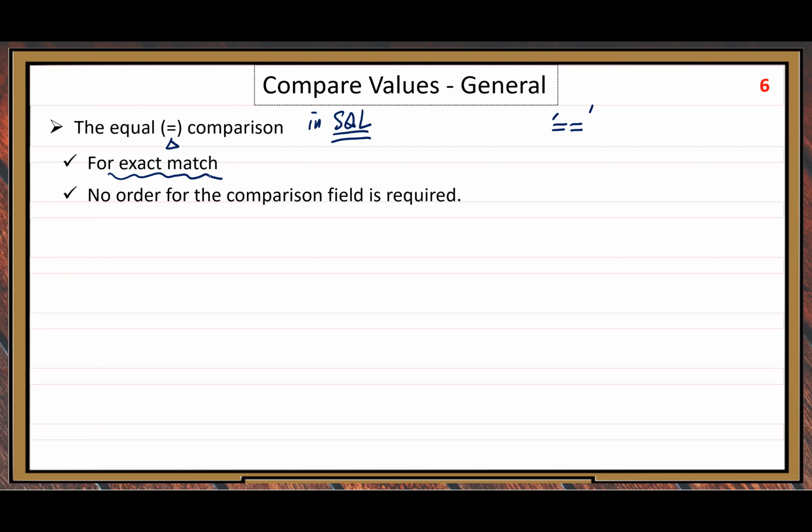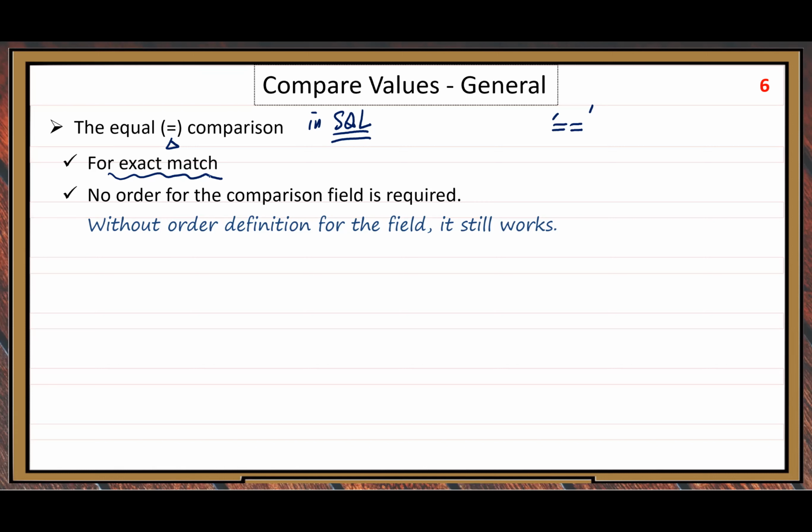Which one is larger, which one is smaller is not important. Without order definition for the field, it still works. Here, why do I emphasize the order information? Because later, when you use the less than sign and greater than sign, you need to use this order information.